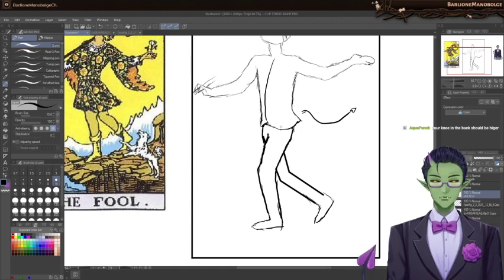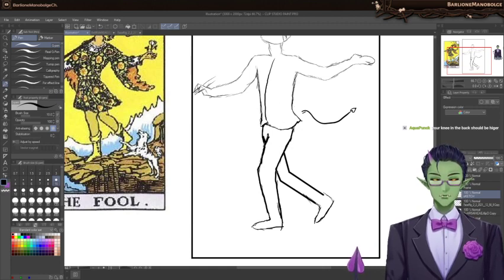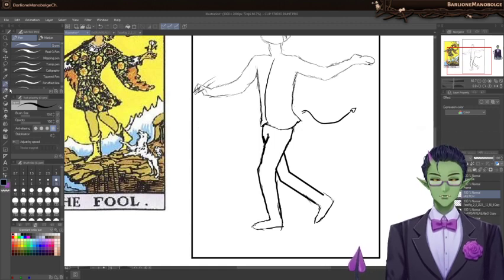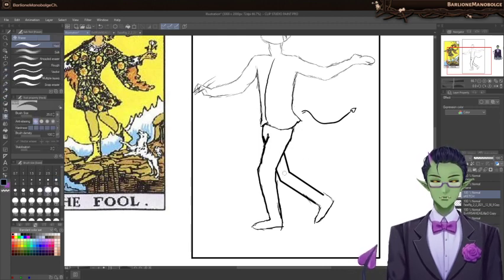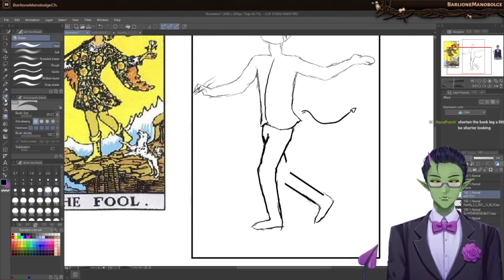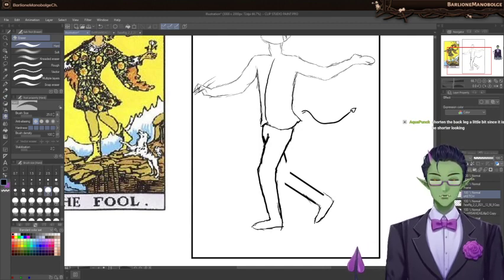Knee in the back should be higher. Okay. Noted. Let's see. It's the eraser. There it is. In the back, it's further away. Yes. Makes sense.